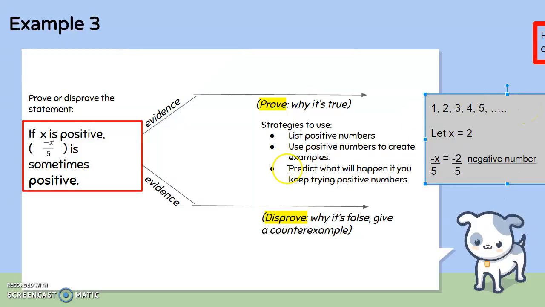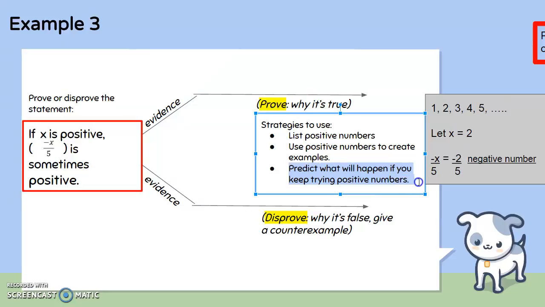And think about this. Predict what will happen if you keep trying positive numbers. Will it continue to be a negative number? In which case, if it always is going to be negative, then you've disproved the statement. Because this is saying if x is positive, right, positive 1, positive 2, 3, 4, 5, then I can plug it into this expression and get a positive number.